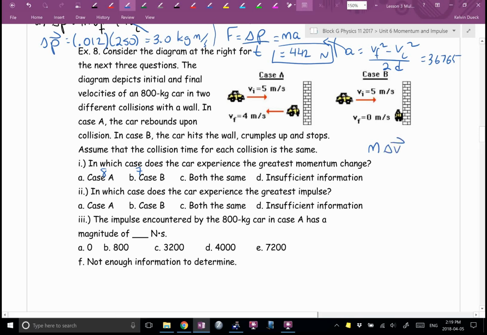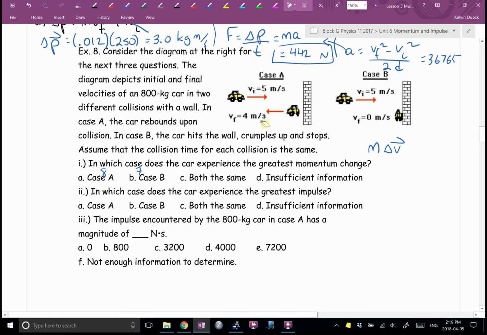Since I said the time was the same, rather than looking at the impulse equation that has time in it, why don't I look at the impulse equation that has delta V? What's the change in velocity in case B? What's your final? What's your initial? What's final minus initial? -5. What's the change in velocity in case A?